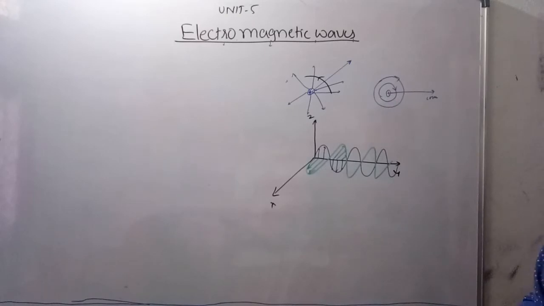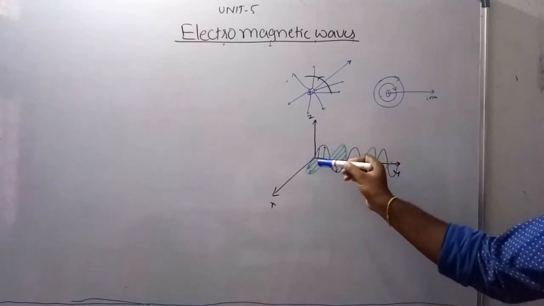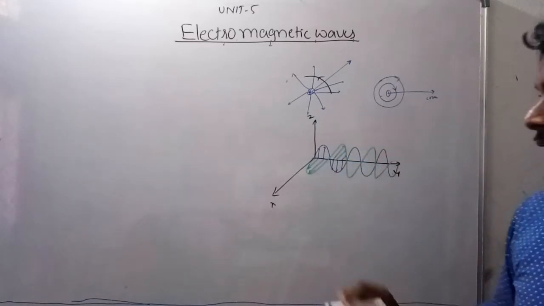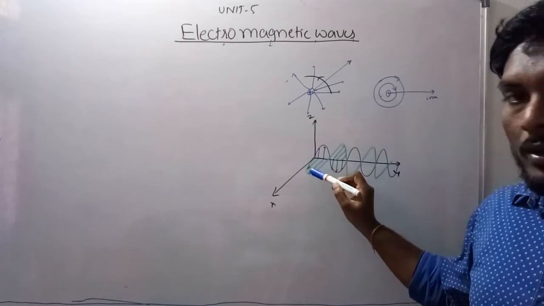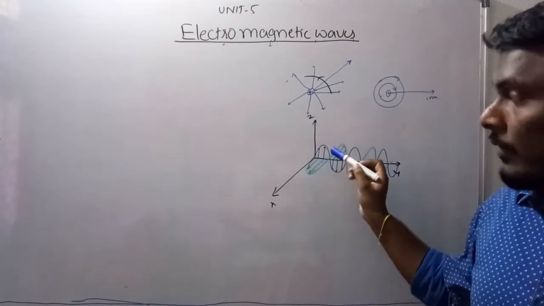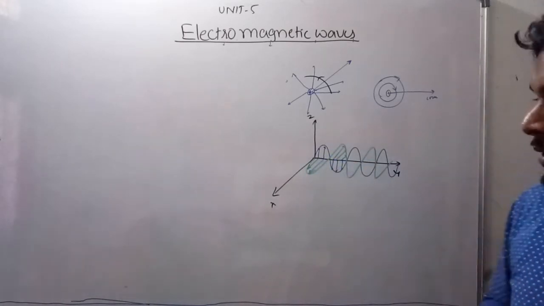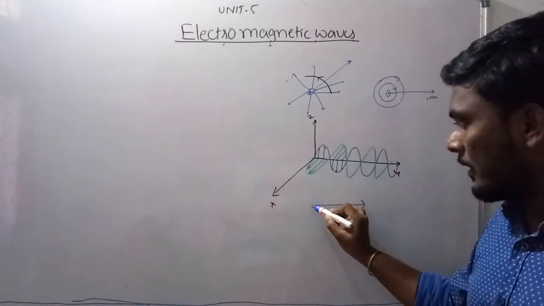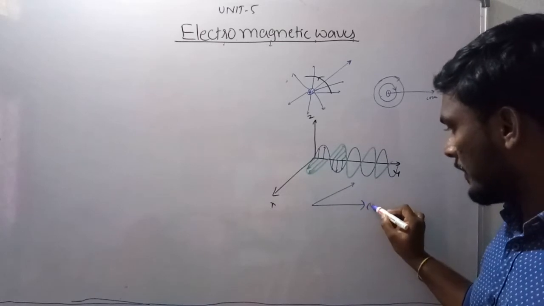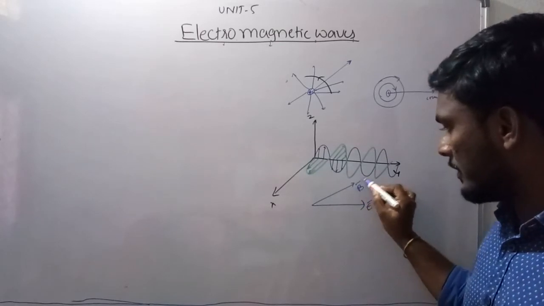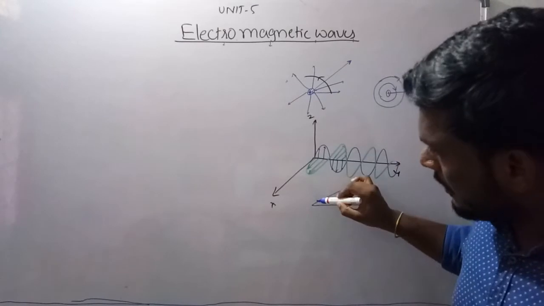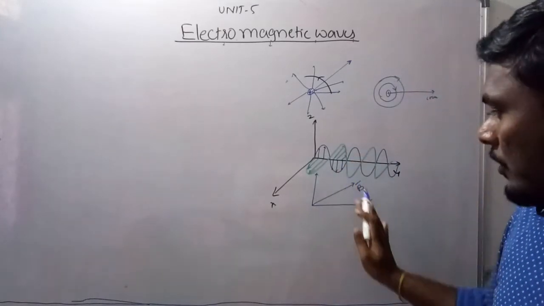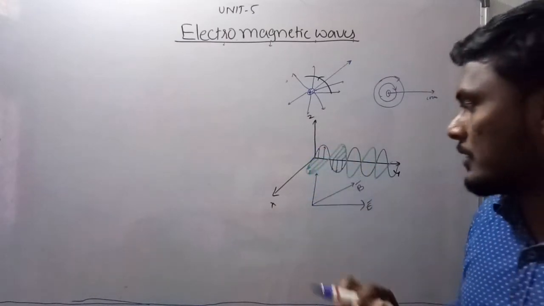Now, what is the resultant wave? This is the direction of the electric field and this is the magnetic field. The resultant wave propagates perpendicular to the directions of the electric and magnetic fields. If the electric field is represented by A bar and the magnetic field by B bar in terms of vectors, the resultant wave propagates perpendicular to both.